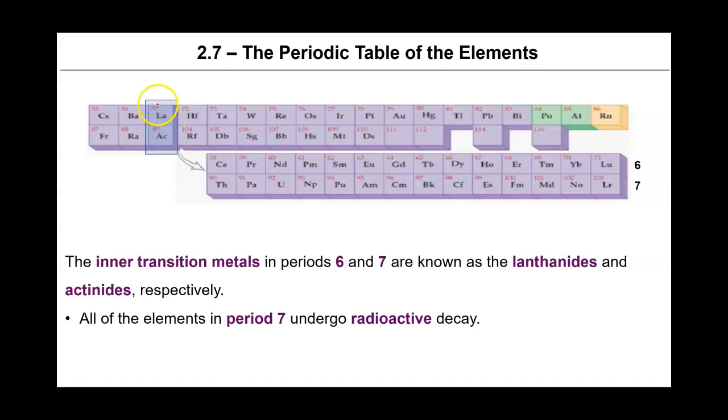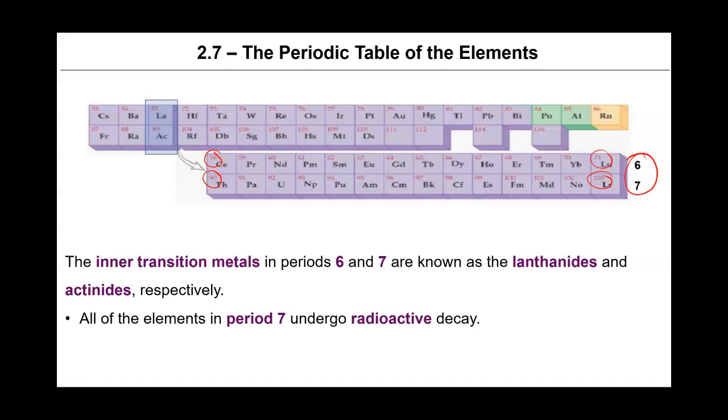As we mentioned previously, elements 58 through 71 are removed from the main body of the periodic table and put beneath it. Similarly, elements 90 to 103 are also removed from the main body of the periodic table and placed underneath it. These elements are in rows 6 and 7 of the periodic table.